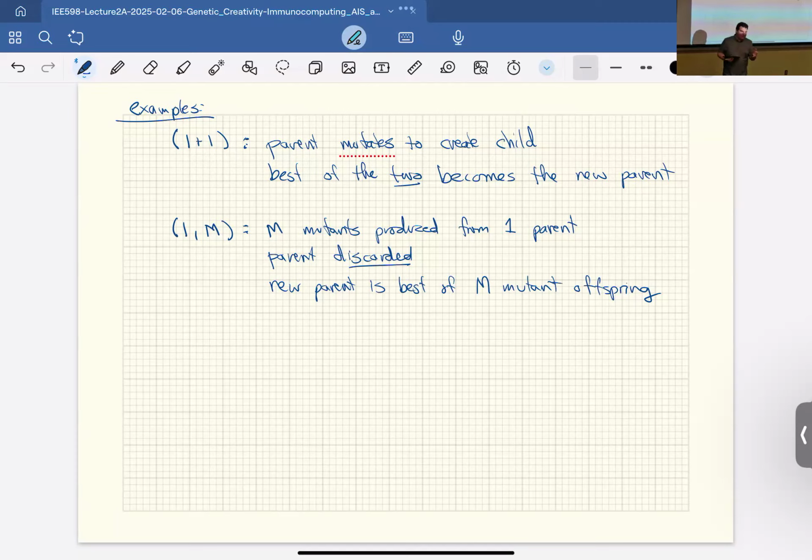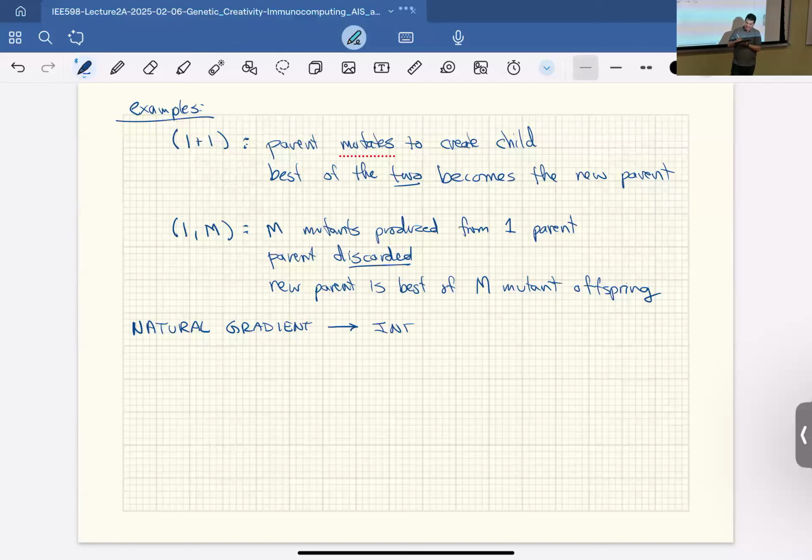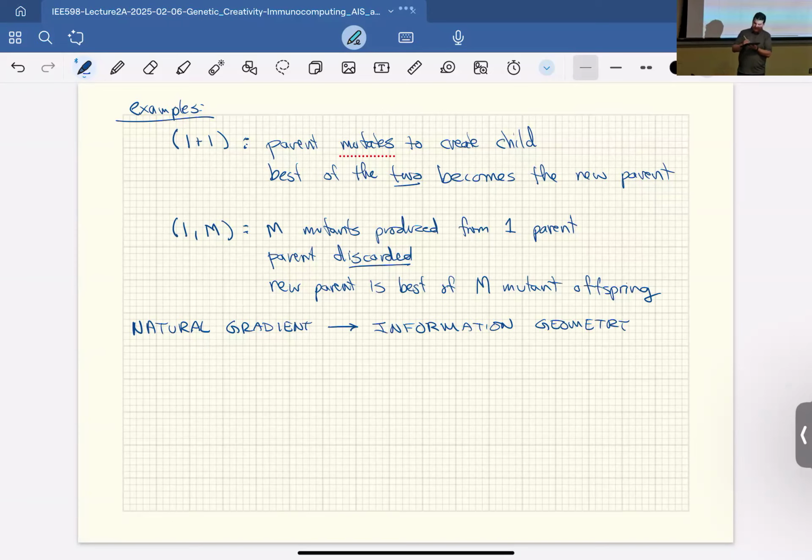Now, in machine learning and statistics in general, there is a notion of something called the natural gradient. I'm not going to go into great detail here, but this comes from the field of information geometry, and applications in statistics come from folks like Fisher and so on.